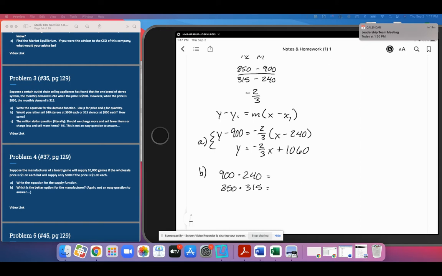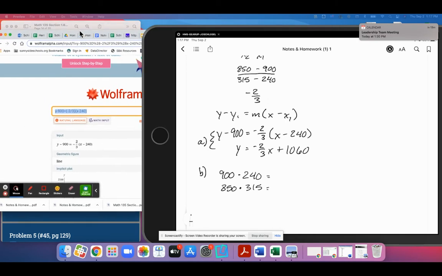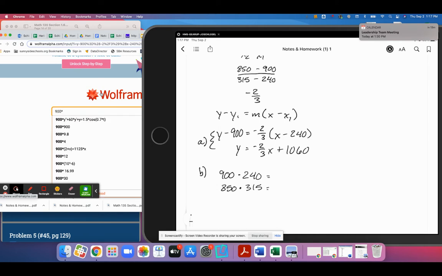And I know we don't necessarily care about revenue, but for the purpose of this conversation, I'm just trying to develop the idea that the higher price is not always the better option. In some instances, the lower price is the better option just because you will be able to sell more of the product.